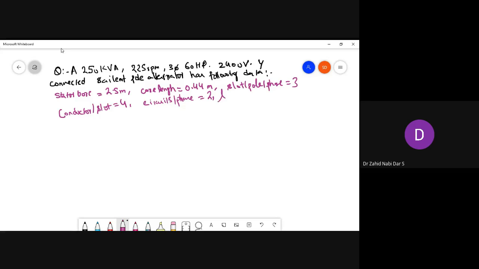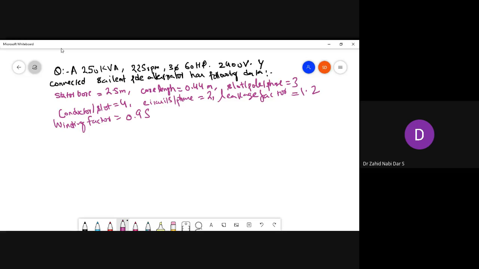Leakage factor is equal to 1.2. Winding factor, kw, is equal to 0.95. If it is not given, you will take it as 0.95.